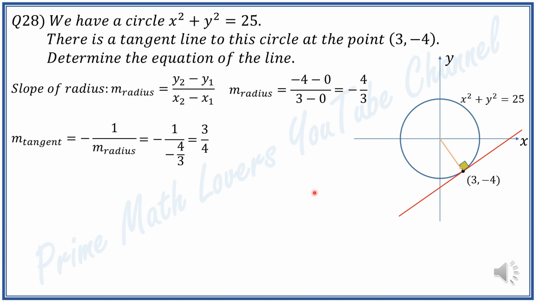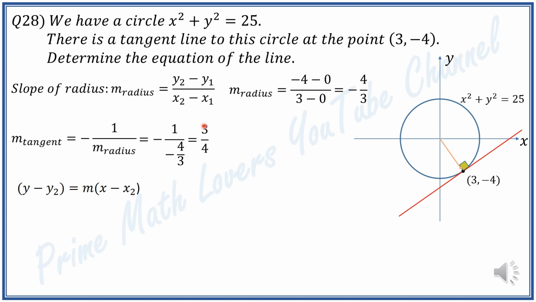We can use the point slope form of the equation of a line to find the equation of the tangent line. The point slope form of an equation of a line is y minus y2 is equal to m times x minus x2, where y2 and x2 is a point on the line, and m is the slope.